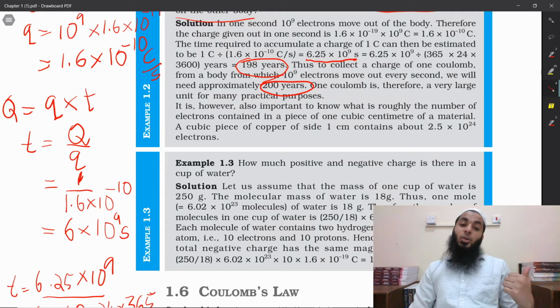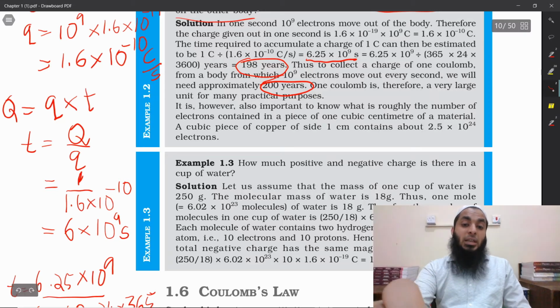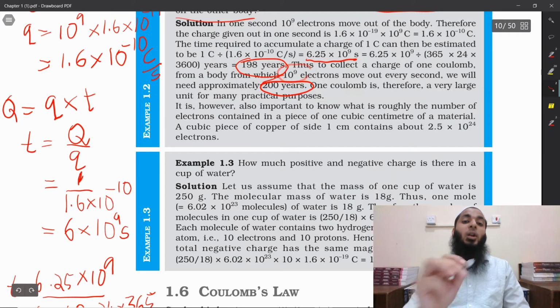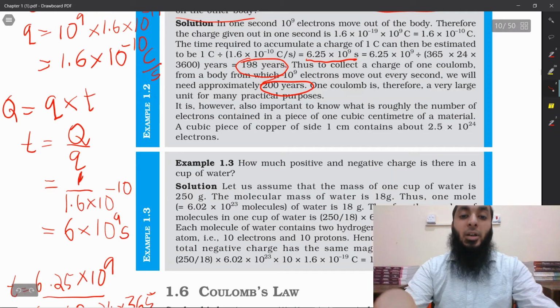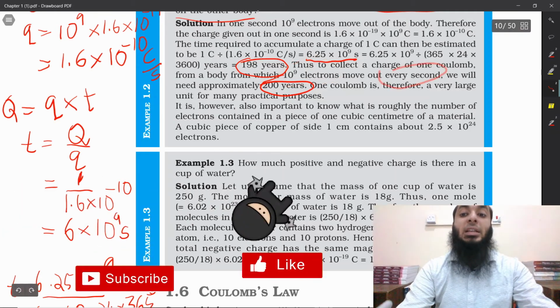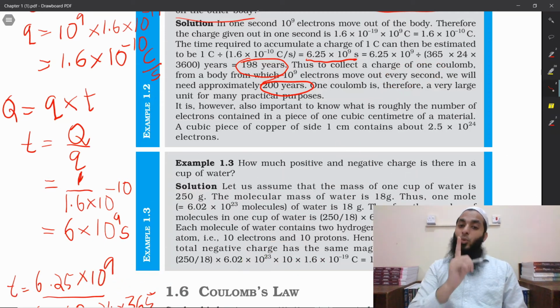As you might have seen in the previous video, I've talked about 1.6 into 10 raised to minus 19 by writing out zeros. In a similar way, this is like 1 followed by 9 zeros. It's not a small joking matter. 10 raised to 9 electrons are coming out every second, still it would take 200 years to form 1 coulomb of charge.